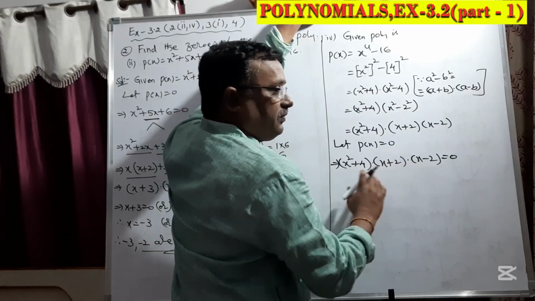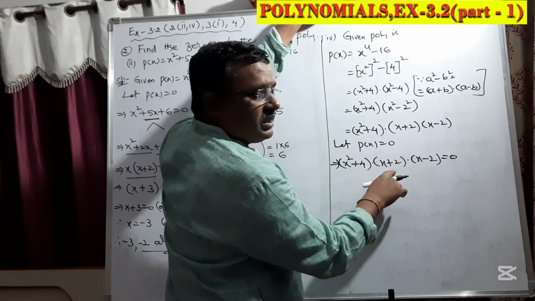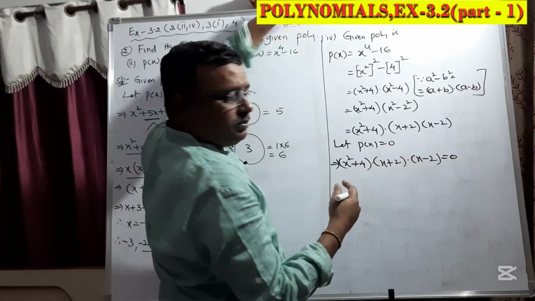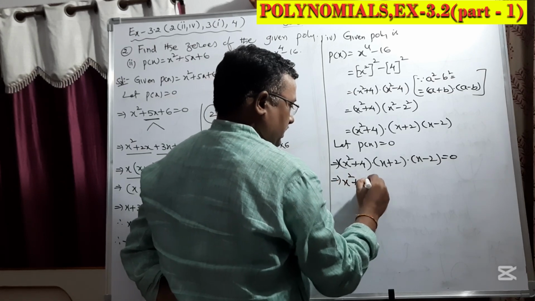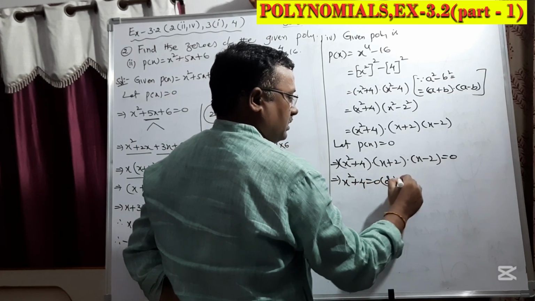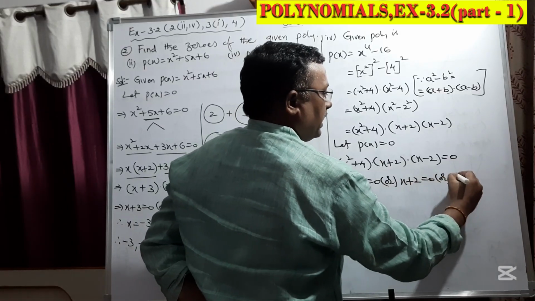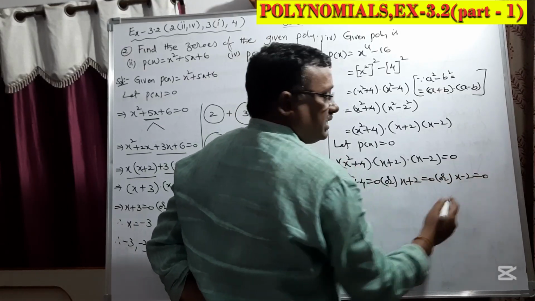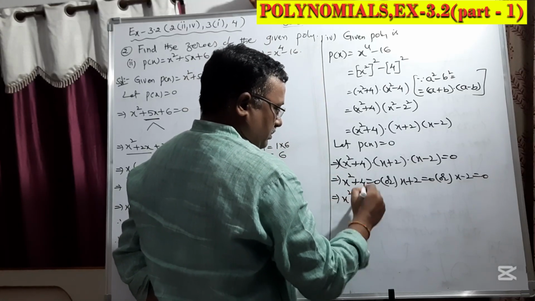If product of any numbers equal to 0, either the first term equal to 0 or second term equal to 0 or third term equal to 0 are the possibilities. So this implies x square plus 4 equal to 0 or x plus 2 equal to 0 or x minus 2 equal to 0. Is that clear? So this implies x square equal to minus 4.